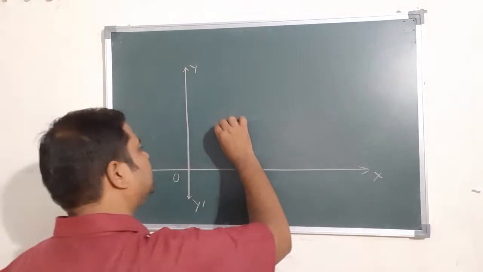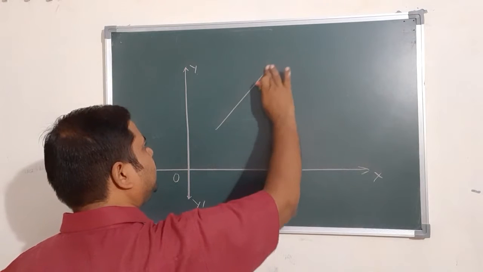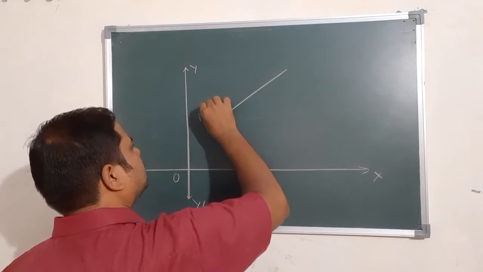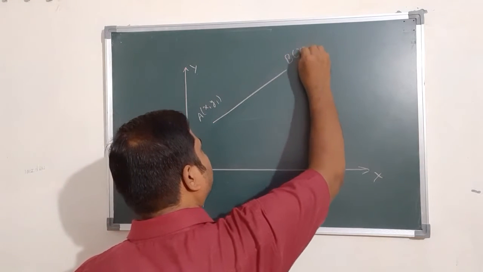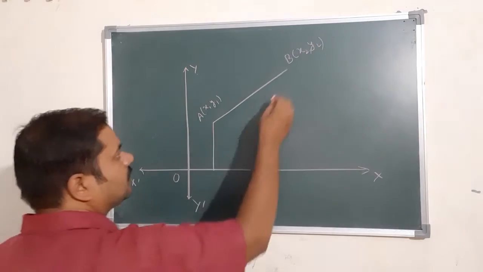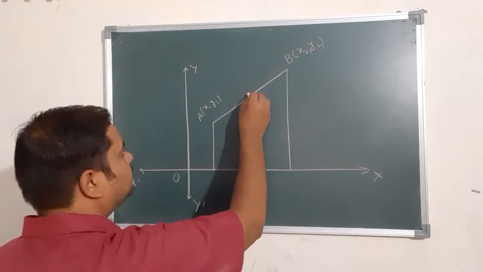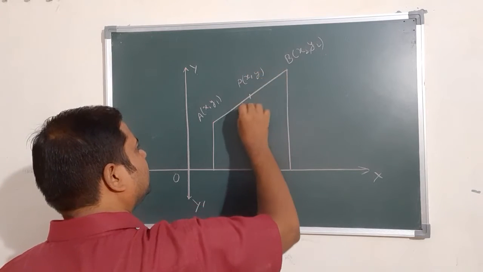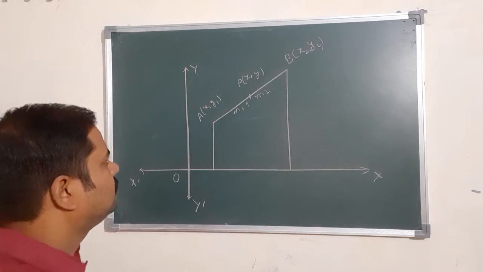Now suppose this line is line AB, A is (x1, y1), B is (x2, y2), and this is point P (x, y), and this is supposed to be the ratio m1:m2.